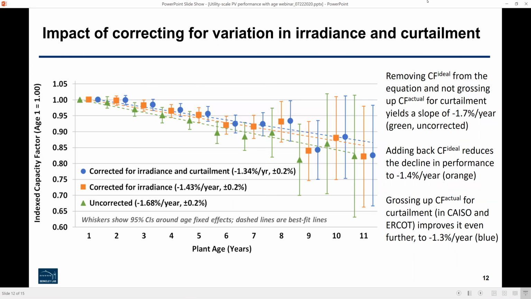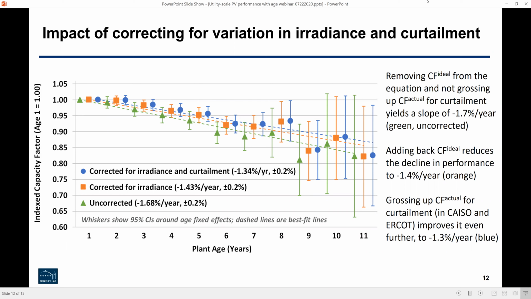As I mentioned earlier, we controlled for both geographic and temporal variation in irradiance through the ideal capacity factor, and we also controlled for curtailment in CalISO and ERCOT. And this graph here is simply showing how those two corrections affect the results. So in green, the uncorrected or raw data, shown there by the green triangles, has a slope of minus 1.7% per year.